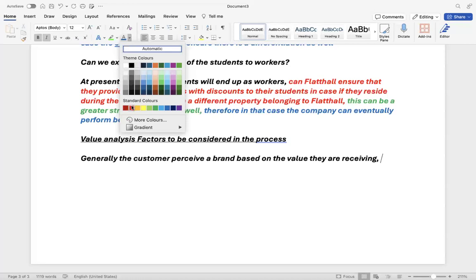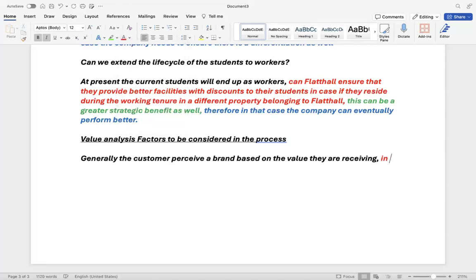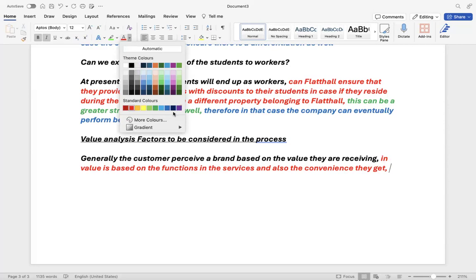Now, students, I will just continue. The value is based on the functions in the services and also the convenience they get. Now, students, I will continue this.